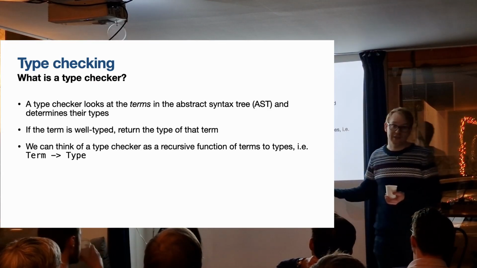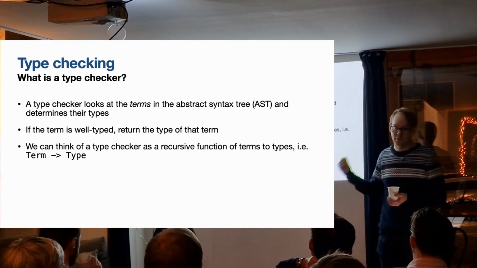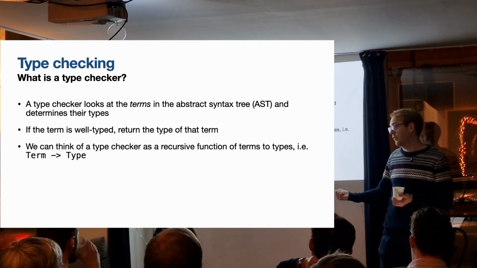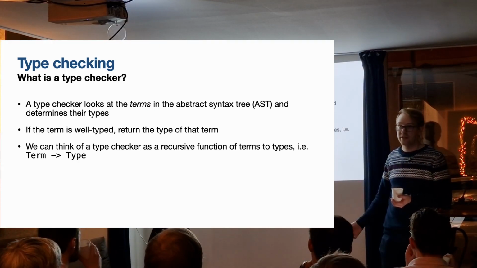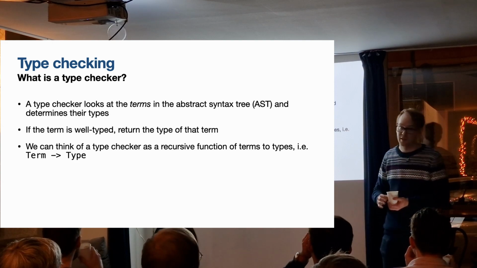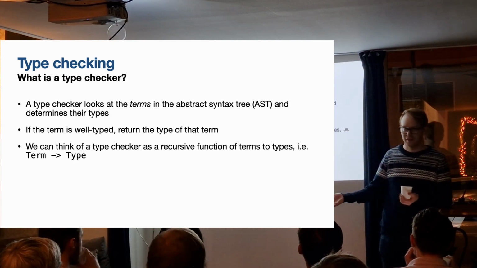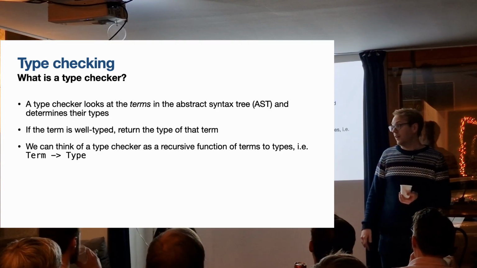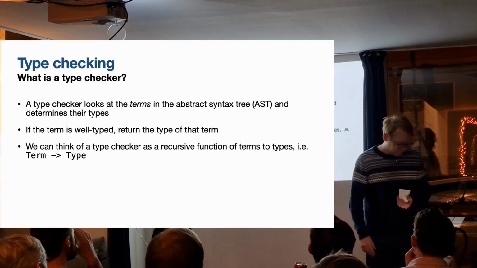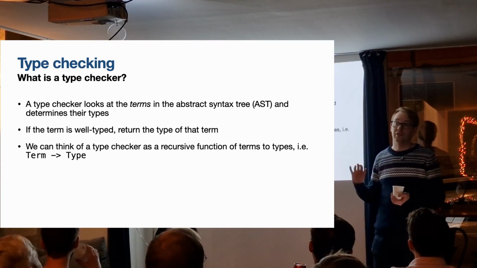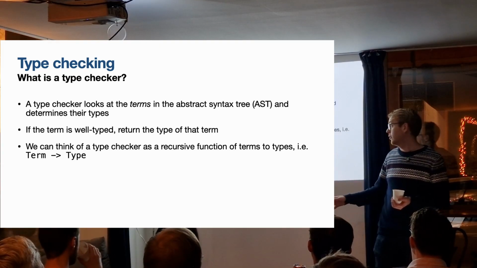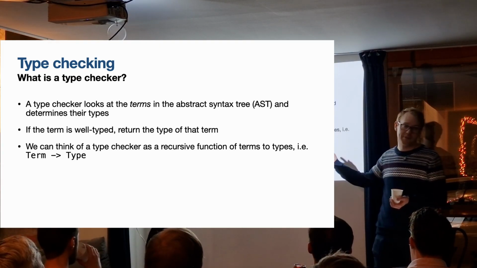And it tries to figure out what the types of the different terms are. And usually it will either succeed and say this program is well typed, and it might even return a type. And otherwise it will fail. So you can think of it as a recursive function, it basically goes from terms to types.